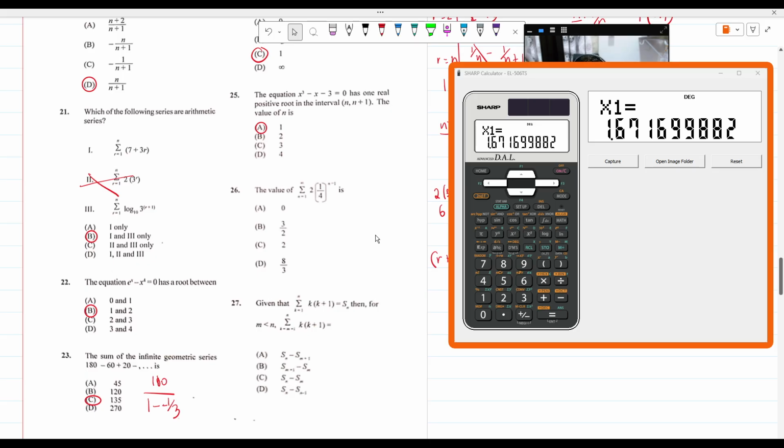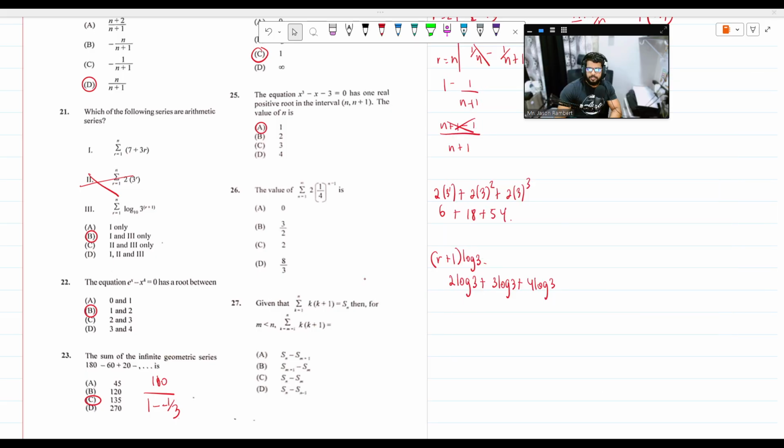N goes from 1 to infinity. Alright, so another converging geometric question. Let me get the first two. When n is 1, I'll get 2 into a quarter to the power of 0, which is 2. That is a. Let me get the second term.